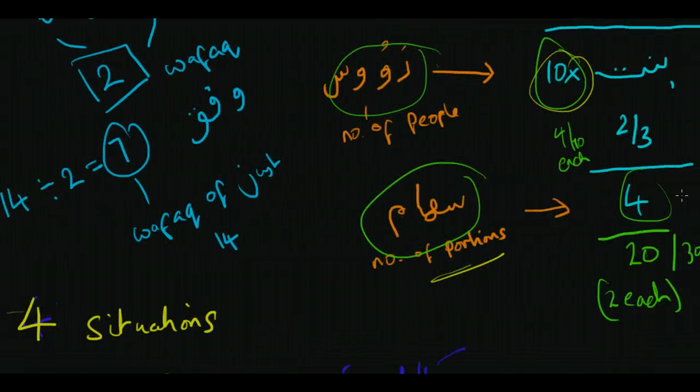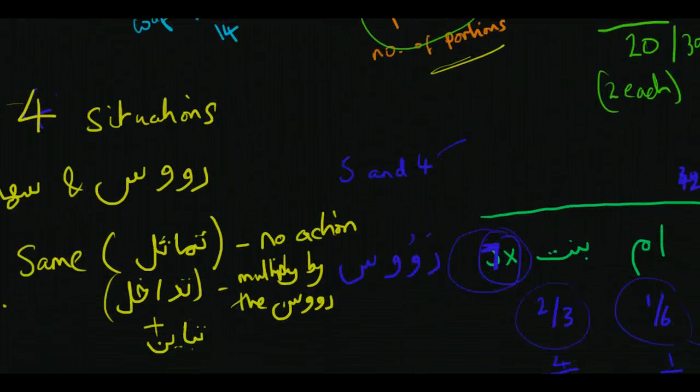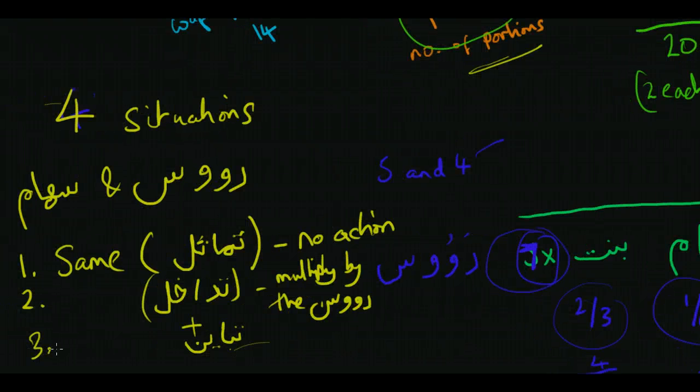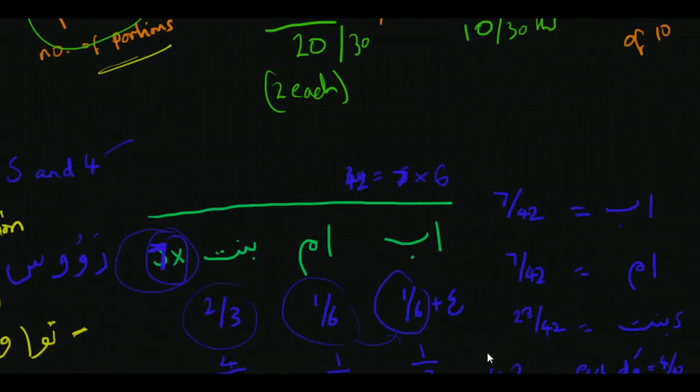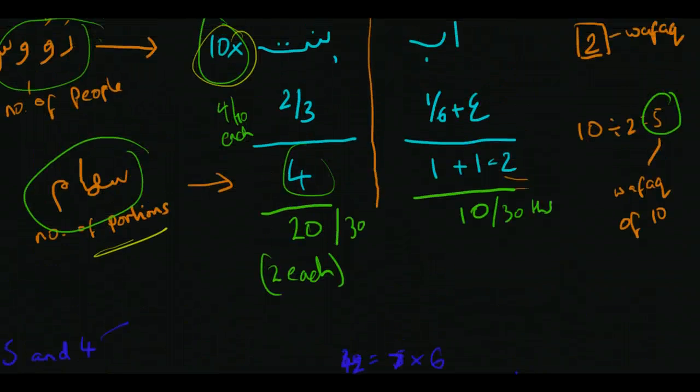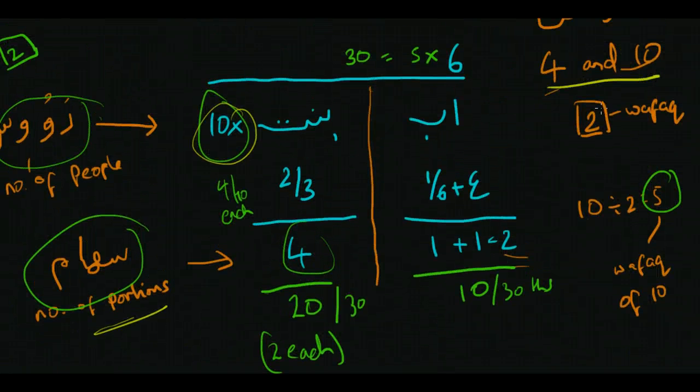However, the fourth situation, this is 1, 2, and 3, and the fourth situation is where we have a tawafuq relationship, and this is the special case which we've covered here, where we have to work out first the wafaq of the two numbers.